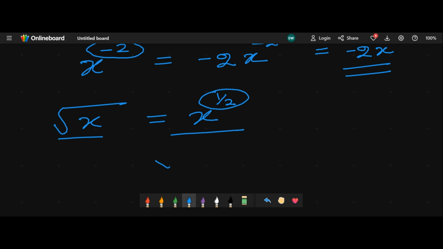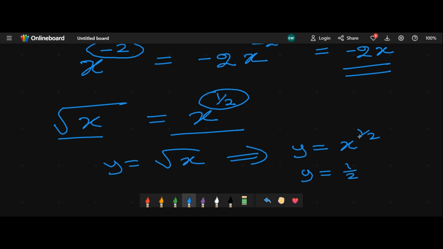So if they tell you to differentiate y is equal to root x, what you have to do is write this as y is equal to x to the power half. Instead of square root x, you write x to the power half. Both are the same. Now bring that half in front.